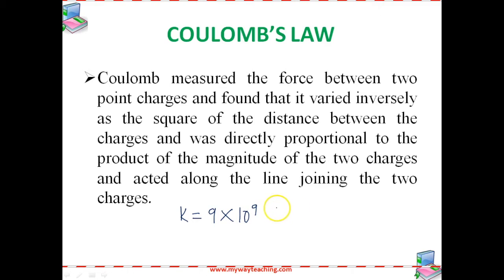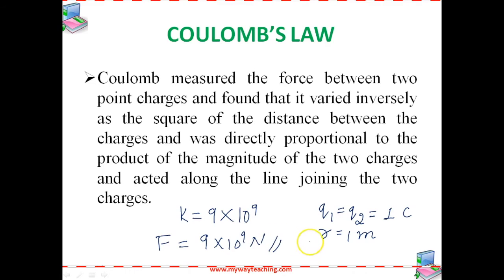The unit of charge that results from this choice is called a Coulomb. So if you put Q1 equal to Q2 equal to 1 Coulomb, R equal to 1 meter in the equation, then we get F is equal to 9 into 10 raised to 9 Newton.